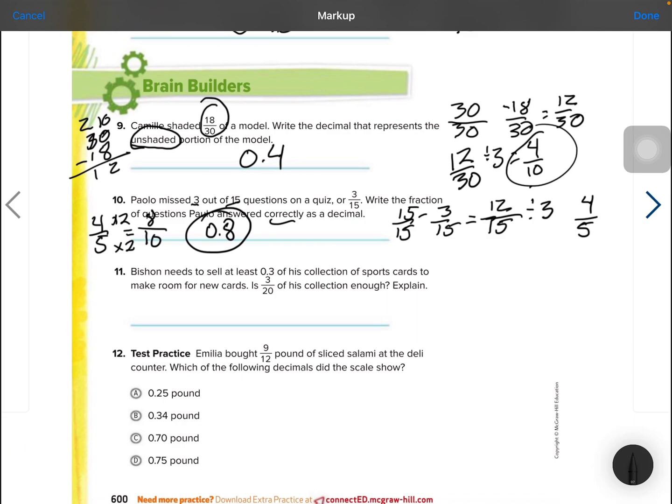Rashawn needs to sell at least 3/10 of his collection of sports cards to make room for new cards. Is 3/20 of his collection enough? So let's see what we have here. 3/10 is what this looks like as a decimal.